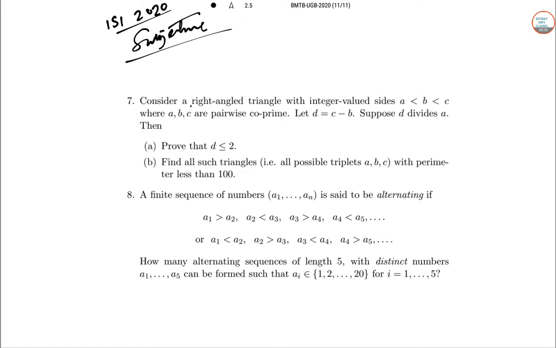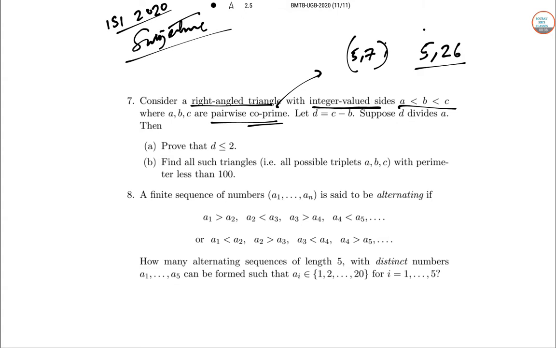So here is a right angle triangle with integer valued sides a less than b less than c, and pairwise co-prime. What is co-prime? For example, 5 and 7, both primes, are co-prime. But 5 and 26, one prime and one non-prime, are co-prime as well.